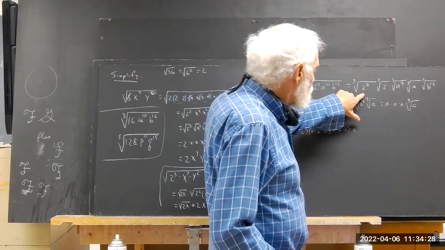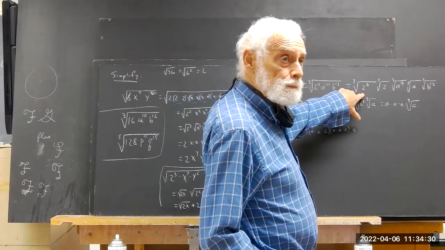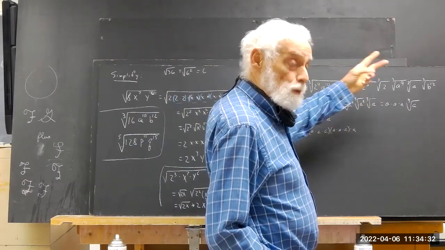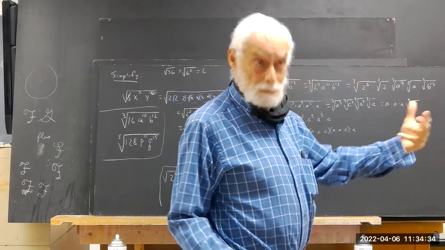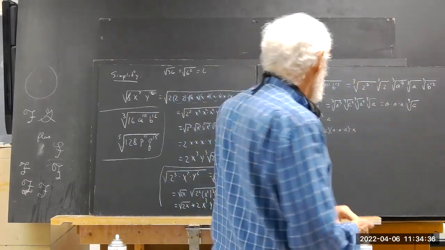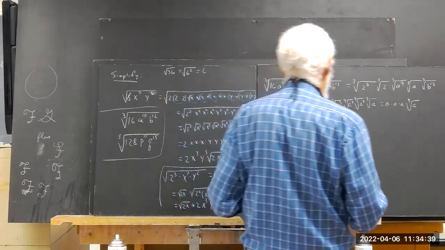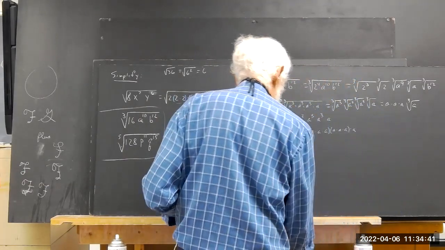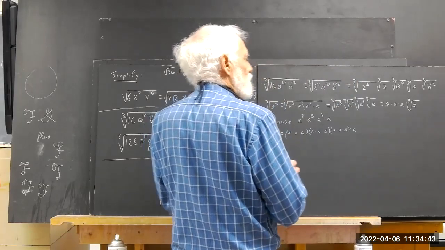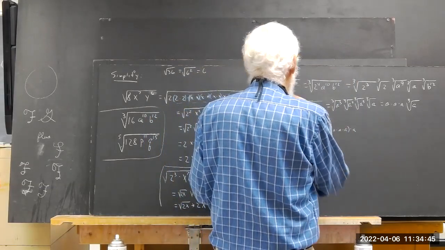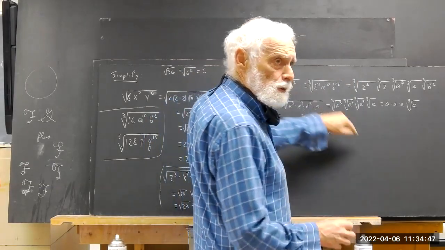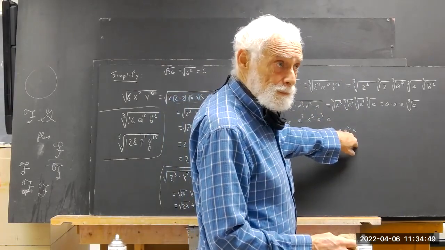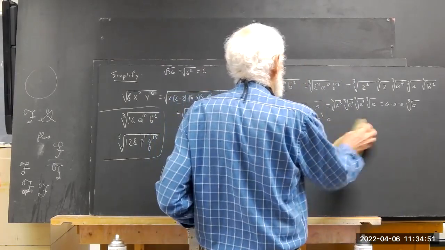So what's the cube root of 2 cubed? 2. 2, because what do you cube to get 2? Okay. Should have left myself room to write this out. Now, yeah, everybody understands this, I think. Okay, so I'm going to erase it.